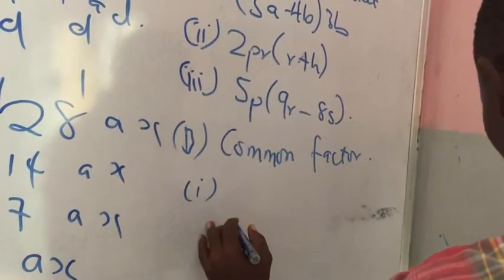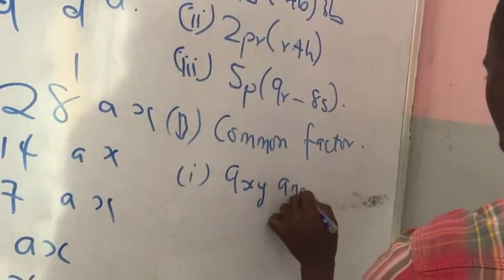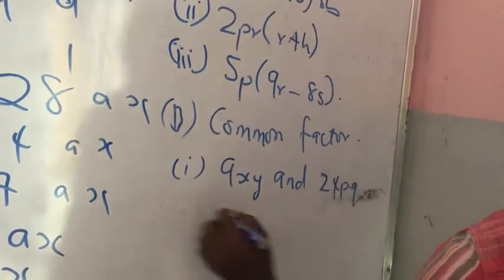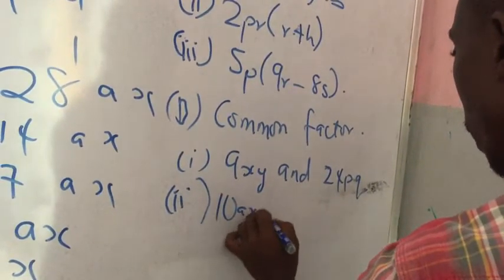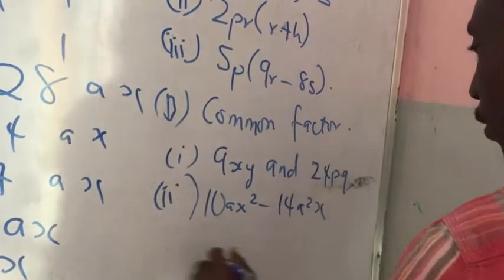The first one is 9xy and 24pq. Then 10ax squared minus 14a squared x.